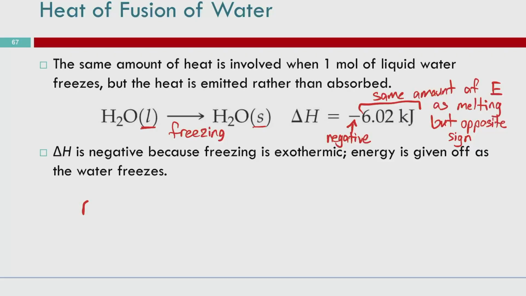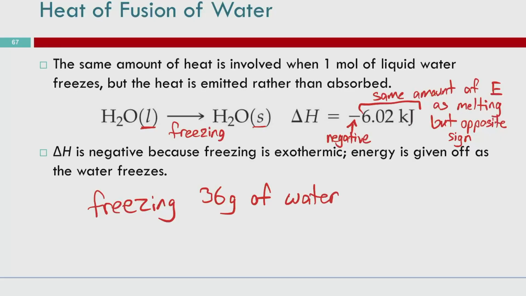So if we were freezing 36 grams of water, how much heat is lost? Just to give us an example, working with some simple numbers to do a calculation.